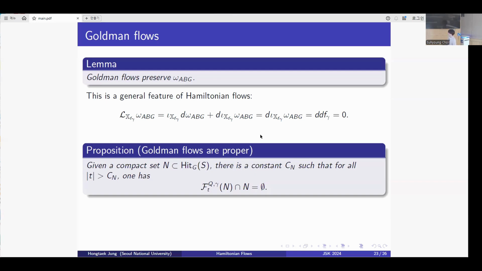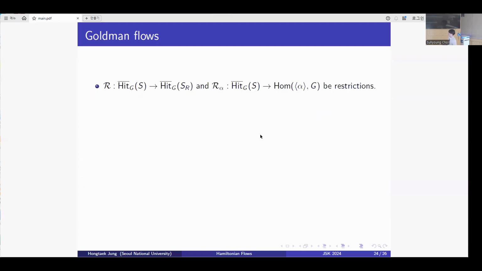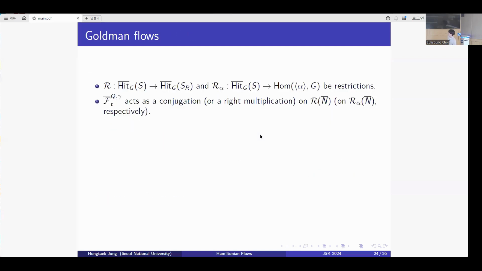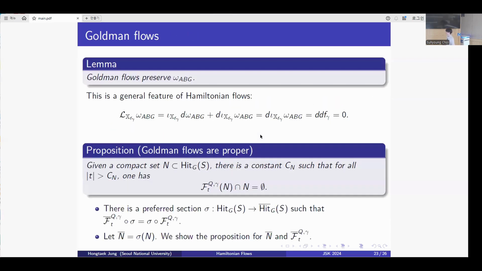I think I don't have enough time to prove everything, so let's just skip this proof. Just let me tell you some ideas. We just lift our Goldman flow from the Hitchin component to the Hitchin representation by using a very special preferred section.